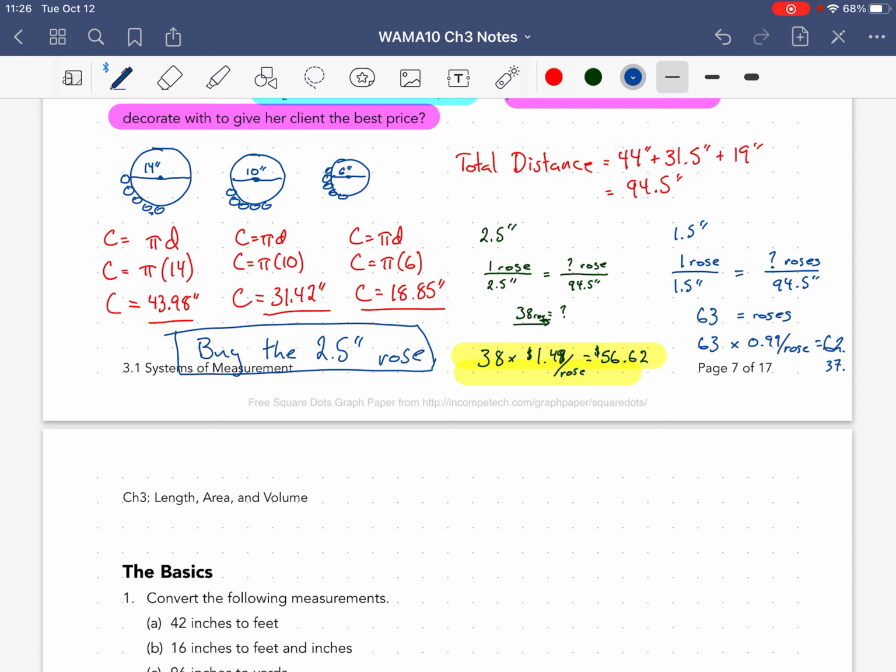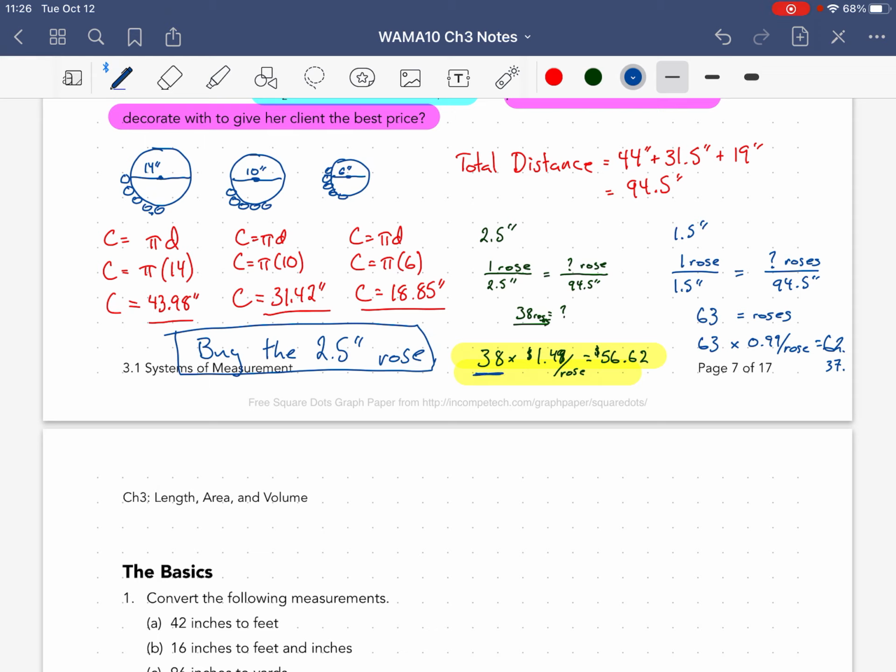Now, it is important when you're doing a question like this, you need to know when you should overestimate and when you should underestimate. In this question, we do not want to underestimate because we want to make sure that we have enough roses at the end. We don't want to buy 37 roses, come back and see that we need 38. We want to buy enough roses, come back and use them up. But you don't want to use too many, otherwise you spend too much money.